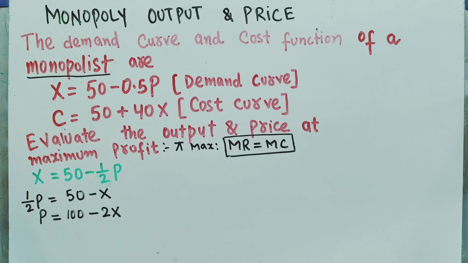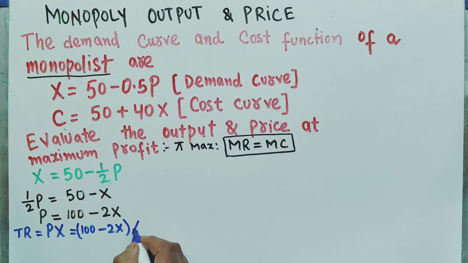Since we need to find the total revenue, we know that total revenue is equal to price times output. Since p is this very function, in place of p I can write 100 minus 2x, and to this we multiply x.